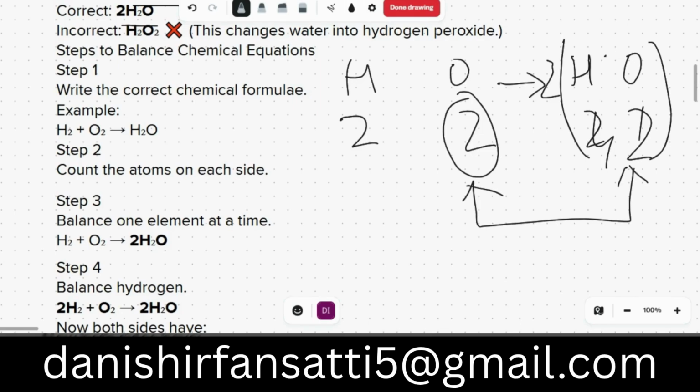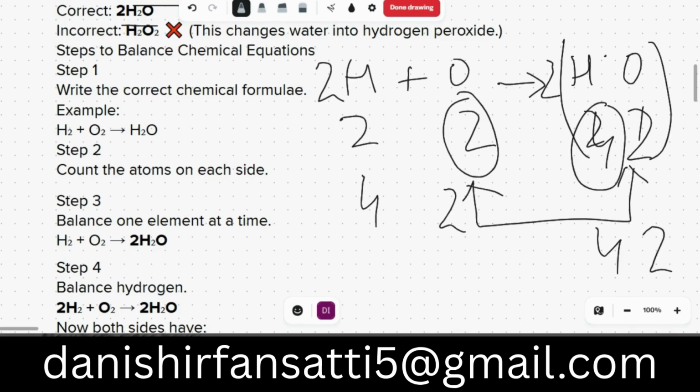Now there are 4 hydrogen atoms on the product side, so we will multiply the hydrogen on the reactant side by 2, so that will also give us 4. Now we have 4 hydrogen and 2 oxygen on the reactant side, and 4 hydrogen and 2 oxygen on the product side, so that is balanced.